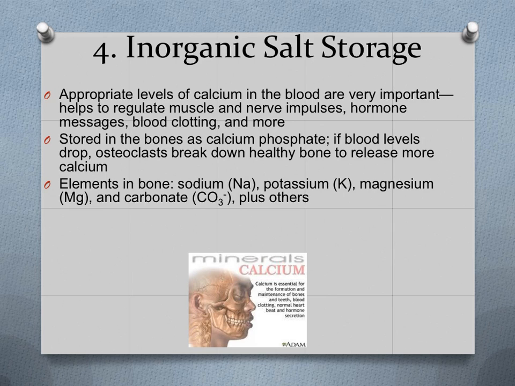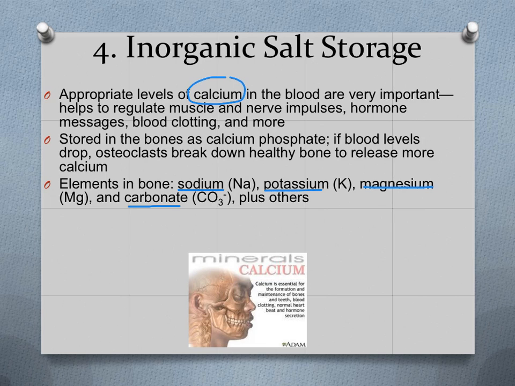And so some of the nutrients that are stored, we have calcium stored in the bones itself. That calcium is very important for muscle action, nerve action, hormone production, all kinds of things. We also have sodium, potassium, magnesium, which are all metals, and then some negative ions like carbonate and some others.